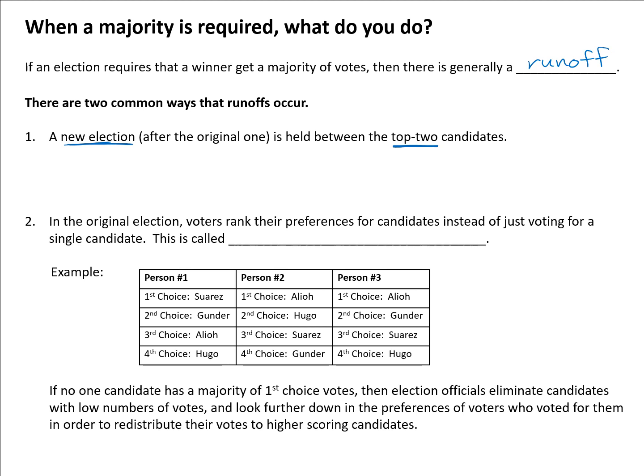So in our last example, Suarez got the most votes, and Hugo got the next most, so Suarez and Hugo together would go into a runoff election. And because they have time from May through November, they can campaign and convince voters who may have voted for someone else in the original election.